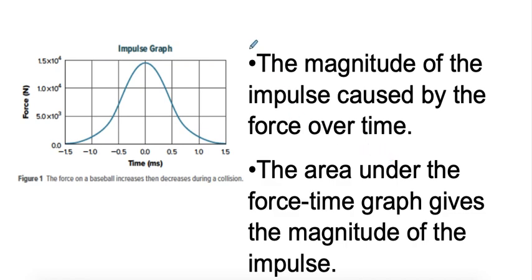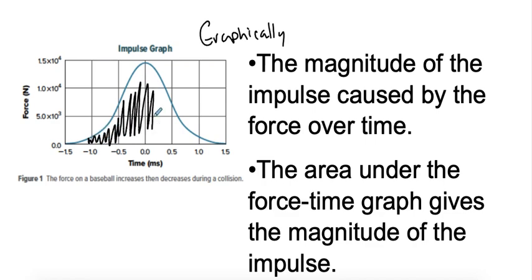If we were to look graphically at the impulse of an object, then usually we're going to have a force time graph. And if we want to find the impulse of that object, then we would have to find the area under the curve.